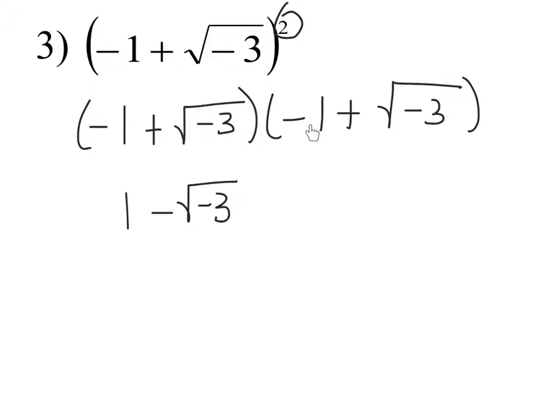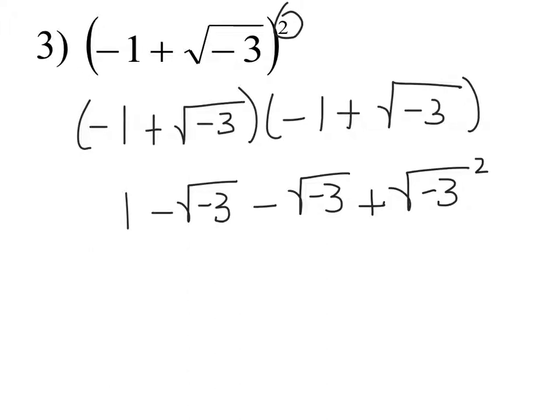Root -3 times the -1. That's going to give us another minus root -3. And then the last term is going to be root -3 times root -3. So we're going to get a plus root -3 squared.